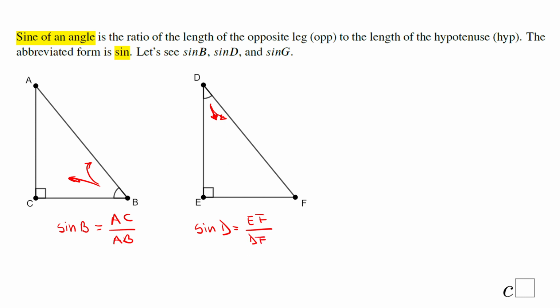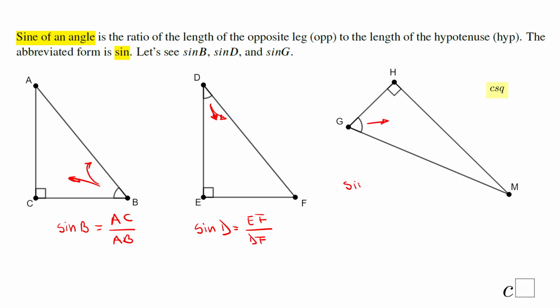And if you remember, we have a third triangle. If you get a triangle like that, it's the same way. Let's say you want to write sine of G, the opposite leg, you see I already drew the arrow, is going to be HM. The hypotenuse is GM.